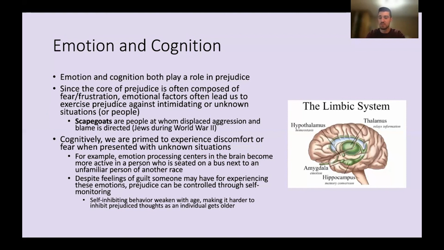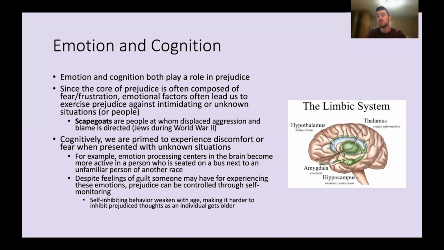Regardless, some people will claim that they are completely not prejudiced. Some people will claim that they are prejudiced. This is just how your brain works. Of any race, if you're sitting next to an unfamiliar person of another race, those emotion processing centers become active. So despite the feeling of guilt someone may have for experiencing these emotions, the prejudice can be controlled through self-monitoring.